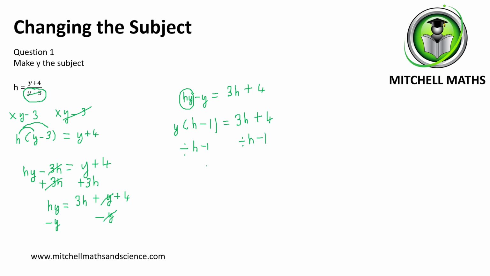I'm going to have y equals, and if you remember at the start, when we were talking about the fraction, I said a fraction is just the top divided by the bottom. So if I'm dividing by h minus 1, it's easiest just to leave my answer as a fraction. Therefore, I'll write 3h plus 4 all over h minus 1. And that is the answer to this type of exam question.